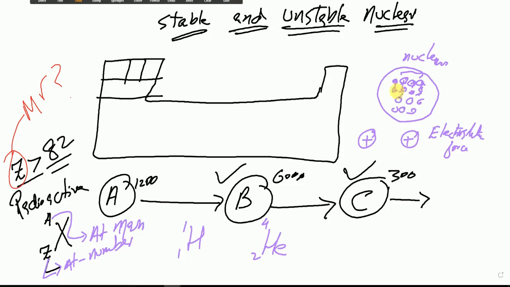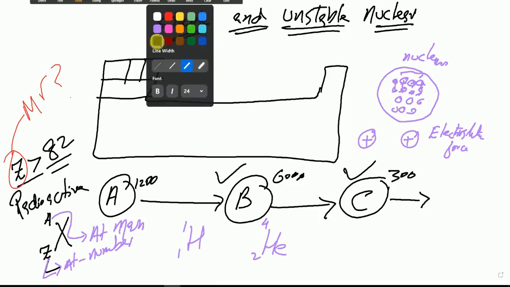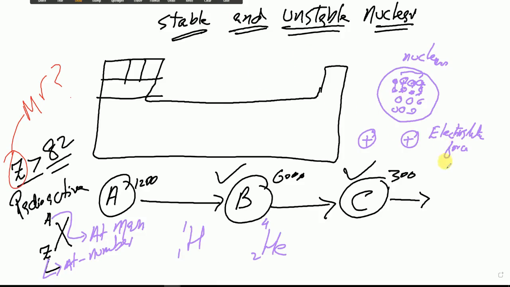It means there exists a force opposite to the electrostatic force, the strong nuclear force. It overcomes the repulsion due to the electrostatic force and keeps all the protons and neutrons together, just like a gum.